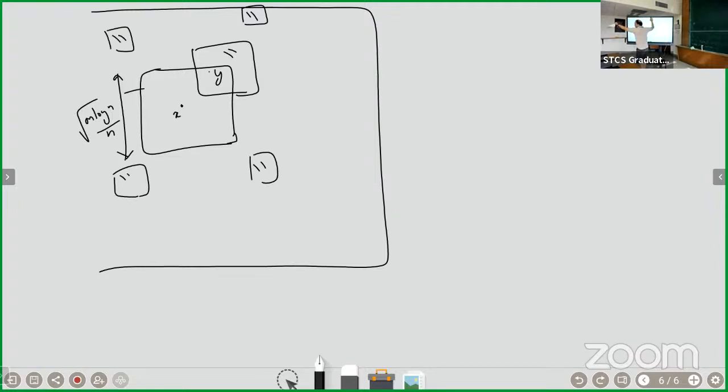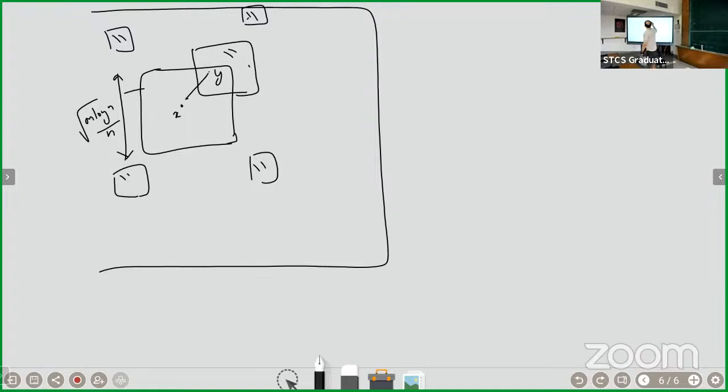Now it's spread out. The same color nodes are being found here, here, here. What is the distance between them? At most square root m log, slightly more, but otherwise. What is the distance between the interference at level k?